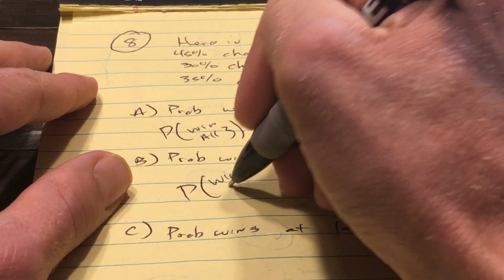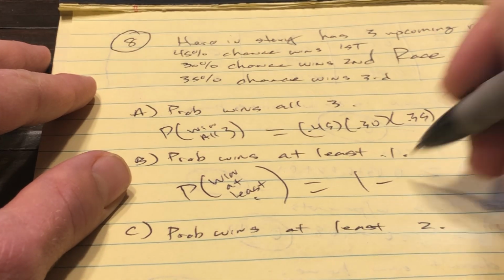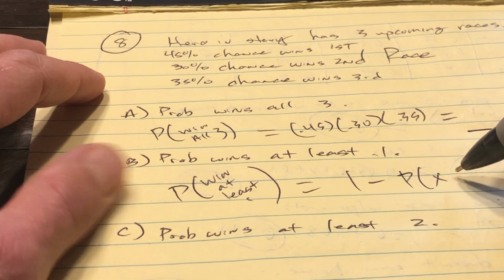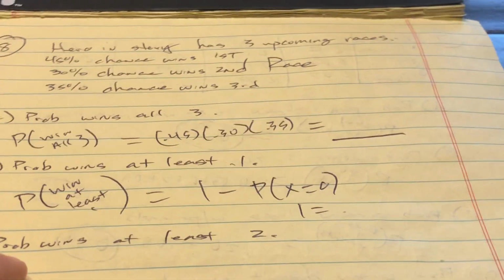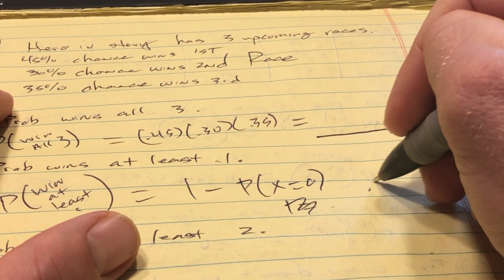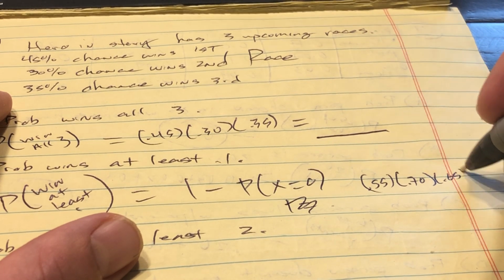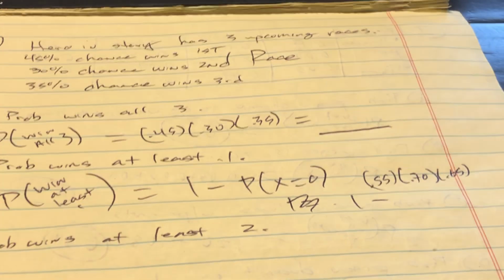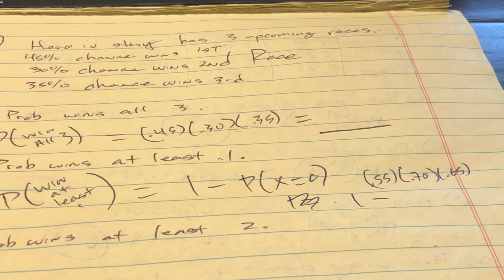What's the probability you win at least 1? Probability win at least 1 is 1 minus the probability that you win 0. And the probability that you win 0 is, well, I lose the first race, I lose the second race, and I lose the third race. 1 minus that. So actually, we need to find the probability that they win all 3.